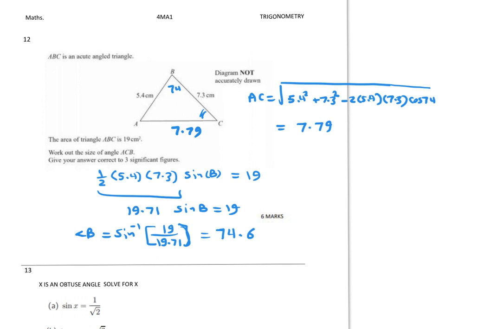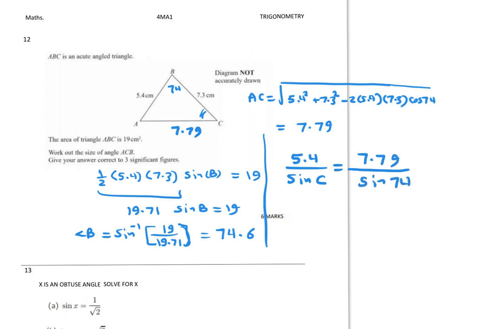Now we can use the sine rule to find angle C. 5.4 over sine C equals 7.79 over sine 74.